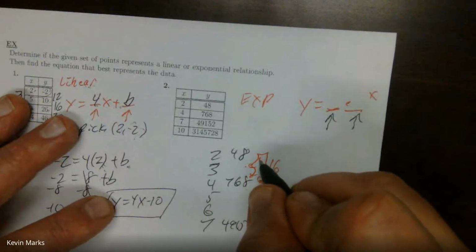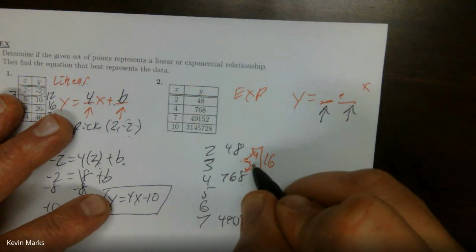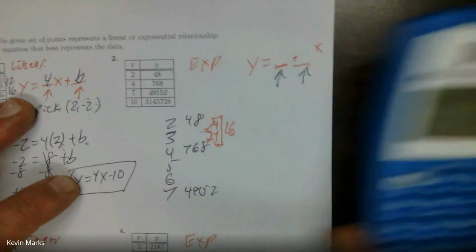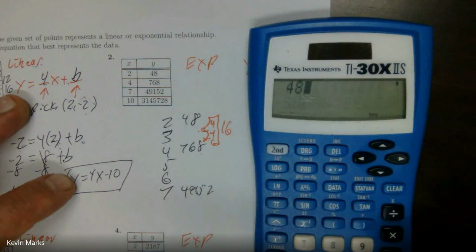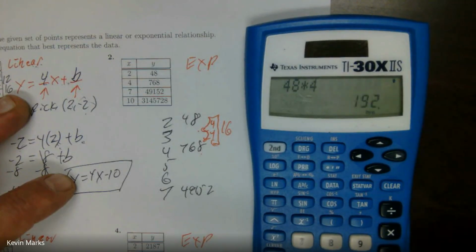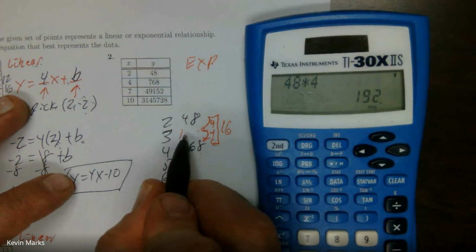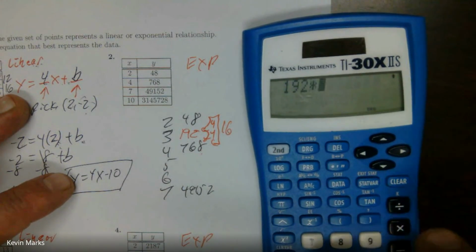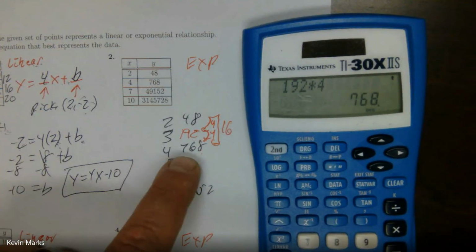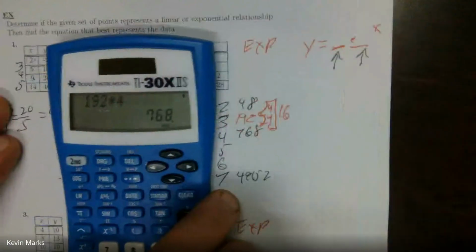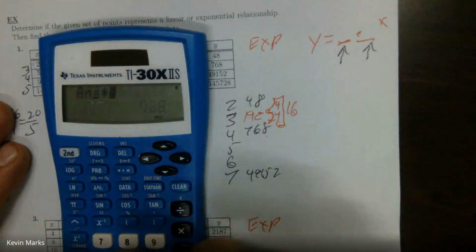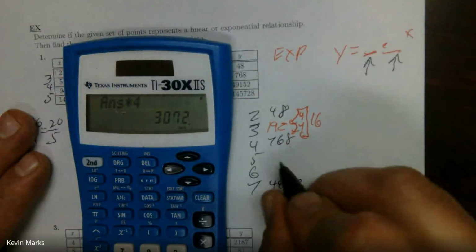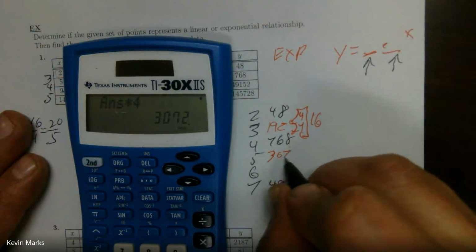So what that means is I really had to have multiplied by 4 and then multiplied by 4 again, right? And you can check it out. So 48 times 4 would be 192, right? But if I take 192 and multiply by 4, oh, sure enough, there's the 768. And if you keep doing that, if you multiply that one by 4, there's 3072.